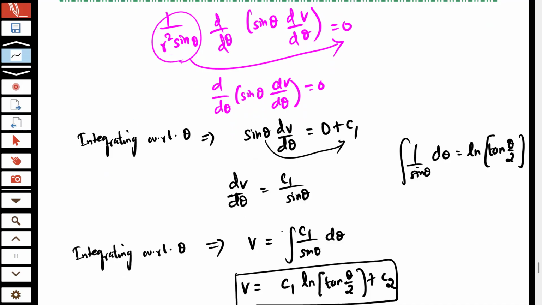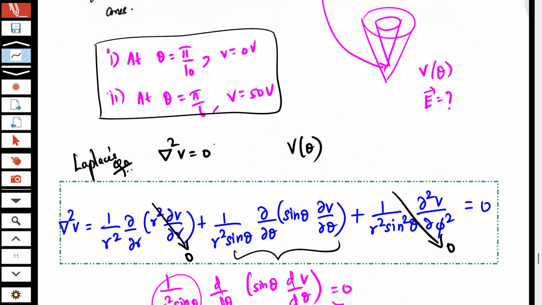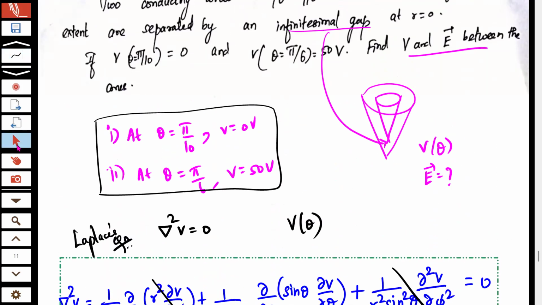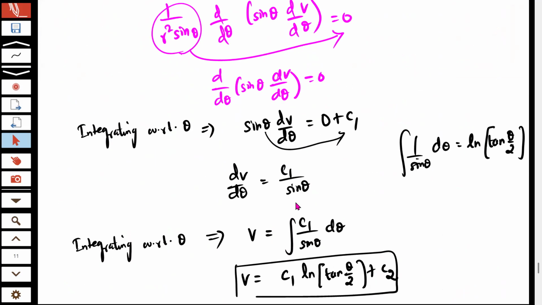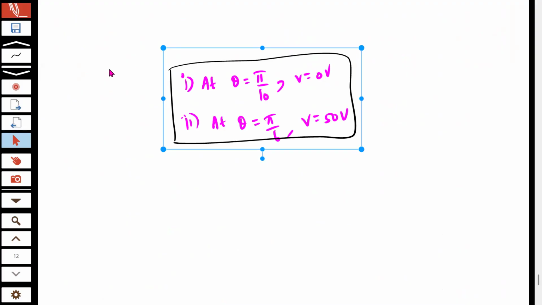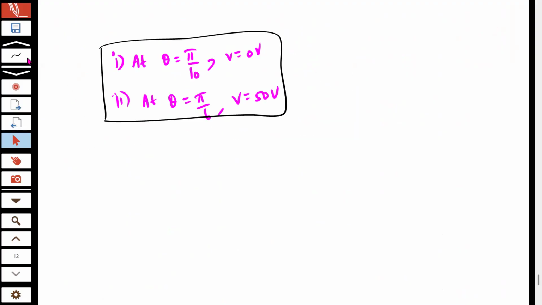Now we need to apply the boundary conditions. Let me take the boundary conditions and apply them to find the constants C1 and C2. So this is the boundary condition. Let us take this boundary condition and we will be writing the potential V, which we have got, which is C1 logarithm of tan theta by 2 plus C2.